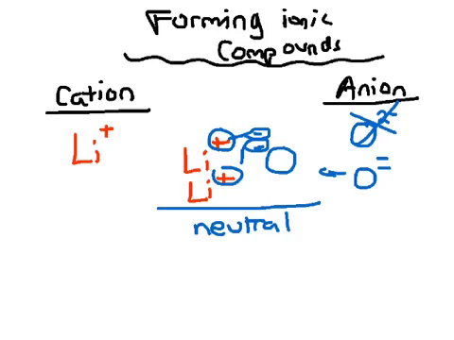So at the end of the day, the formula is going to be Li sub 2, to indicate you have 2 lithiums. And how many oxygens did you end up with? Just 1. So the formula would be Li2O, and we would name this lithium oxide.